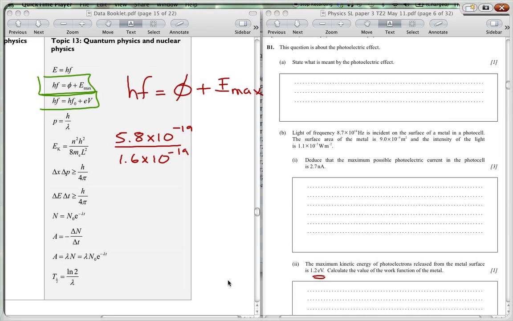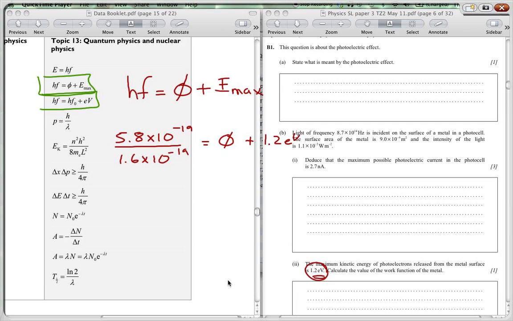So I'm going to divide that by that, and it is equal to phi, which is your work function that we want to find out, plus your E max, which is 1.2 eV.